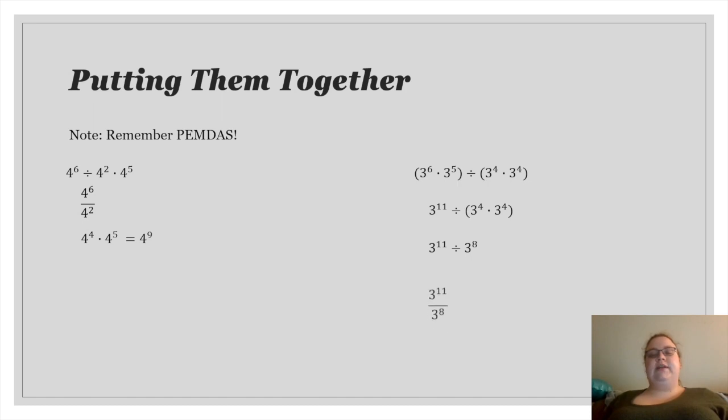This can be rewritten as 3 to the 11th over 3 to the 8th, giving us exponents with common bases that are being divided by each other, and we can clearly see that 8 is in the denominator and 11 is in the numerator, meaning we will subtract 8 in the denominator from the numerator 11, leaving us with 3 to the 3rd as our final answer.